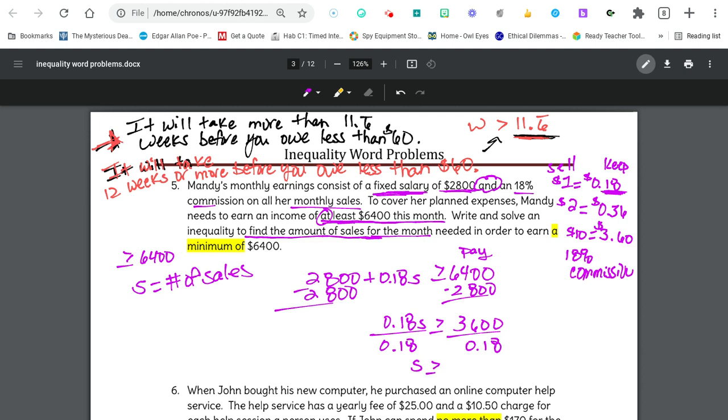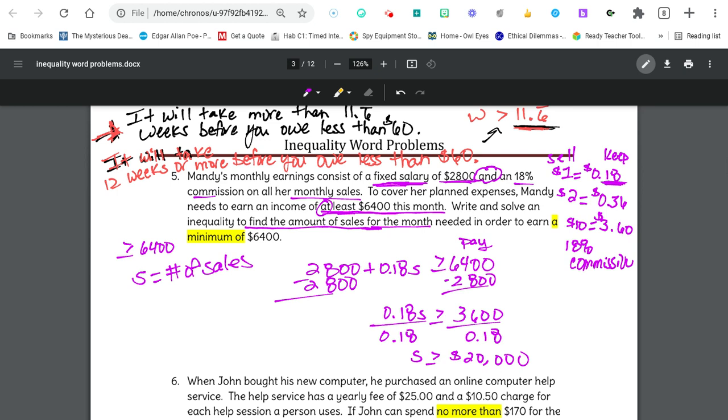She must be selling houses. Okay. She's gonna need to sell $20,000 worth of merchandise this month. Oh, well, I don't think she's selling houses. She's selling something else, but anyway, she's making pretty good money.